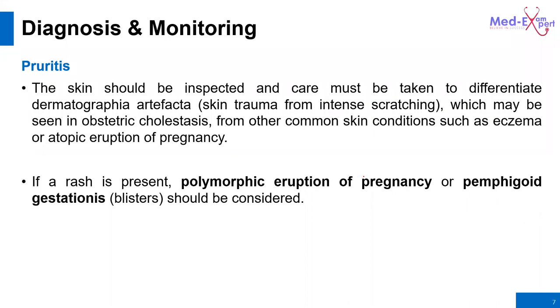But you may find some skin trauma from the intense scratching. It's called dermatographia artifacta. This is skin trauma from the intense scratching, and you have to be very careful when inspecting the skin of the patient to differentiate between the trauma and the rash.